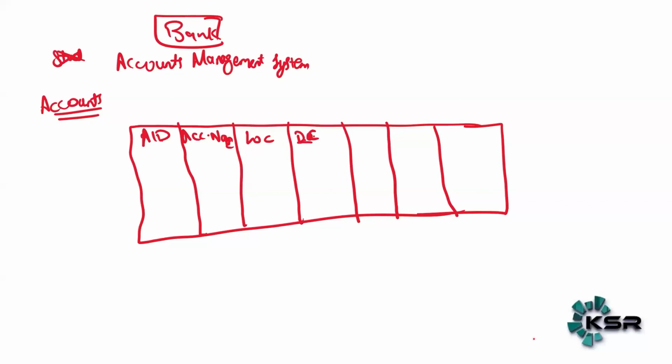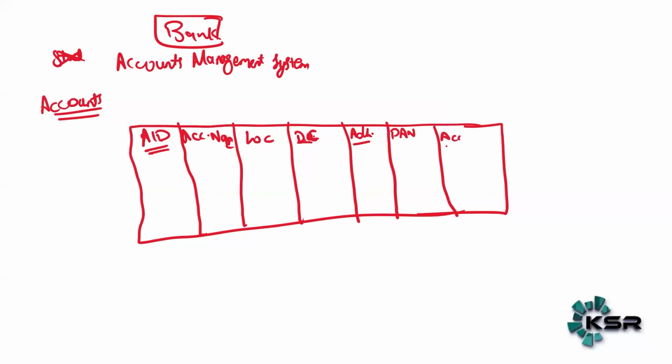Then Aadhaar card number. PAN card number. Account number. This is there, the account ID. Then the account balance, like how much amount.